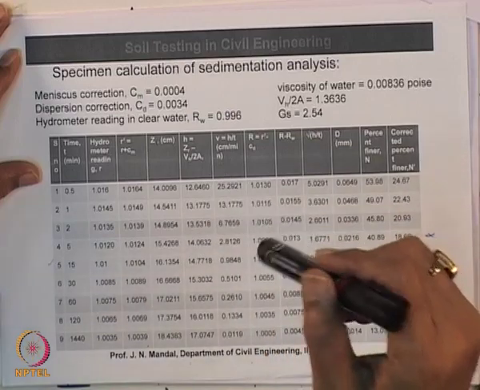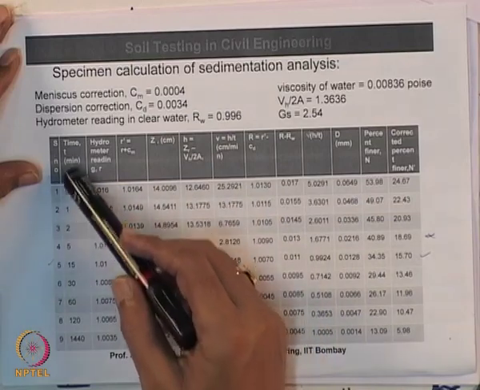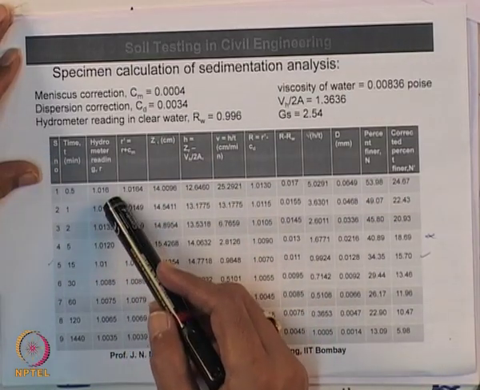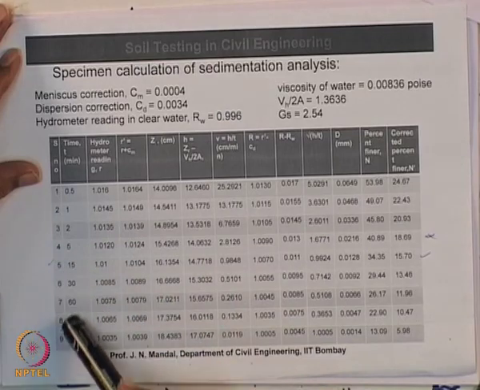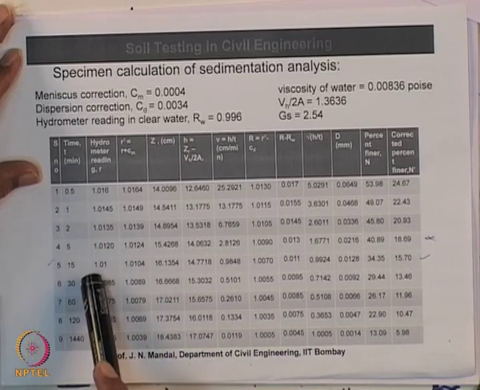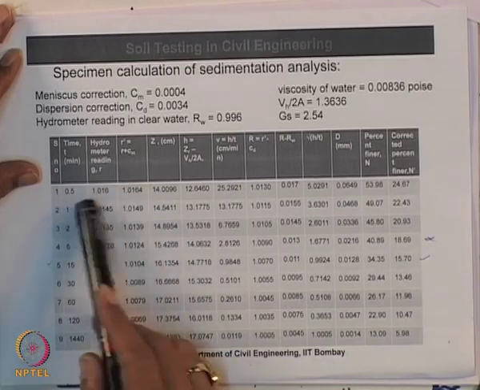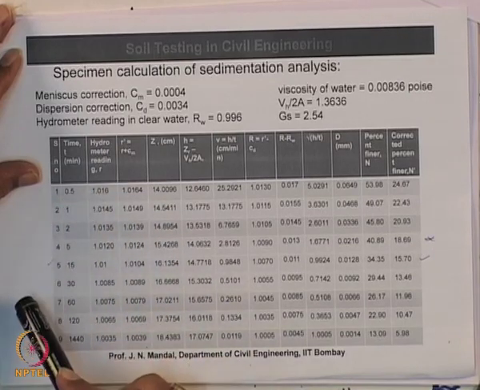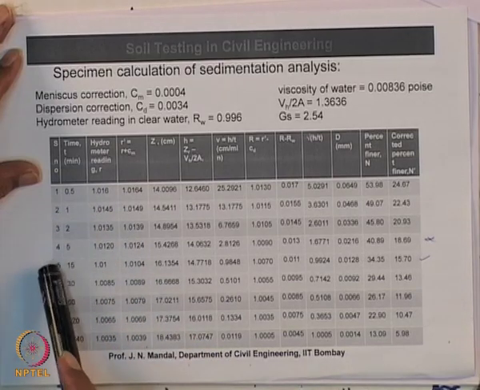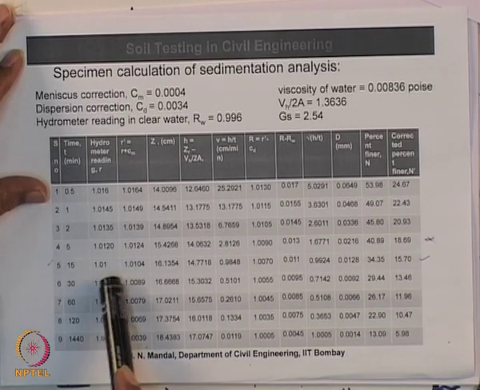You insert the hydrometer into the cylinder and then you measure the hydrometer reading at a particular given time. So, for example, at 0.5 minutes you get the hydrometer reading 1.016, or for example, when the time is 15 minutes you take the hydrometer reading R as 1.01.